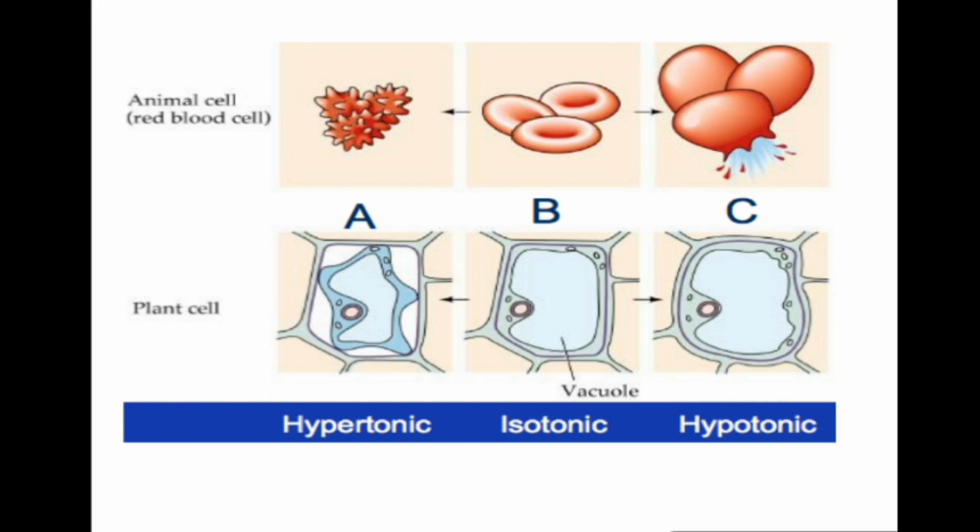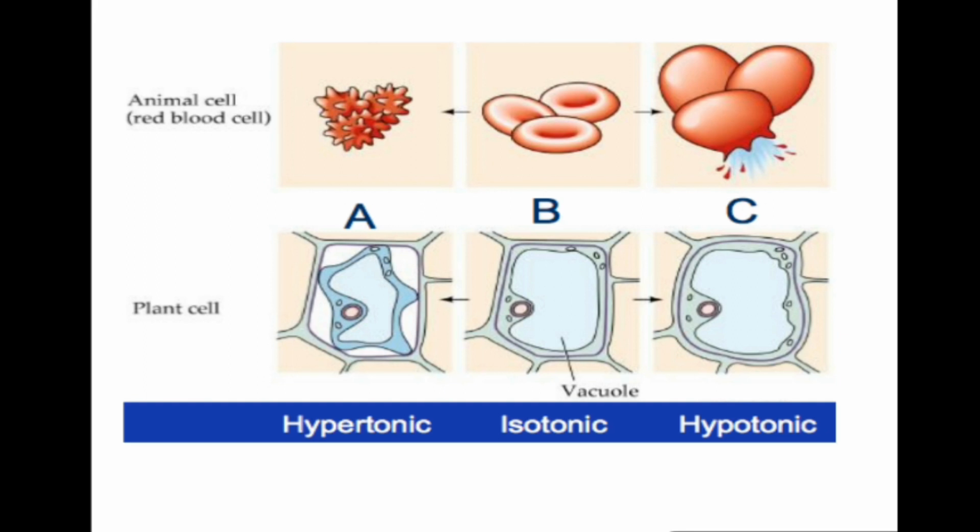But if you keep an animal and a plant cell in a hypotonic or a dilute solution, what happens? The animal cell will first keep on absorbing the solvent, but after some time the plasma membrane of the RBC must be stretched to such a huge extent that the cell cannot withstand the pressure and it just bursts.